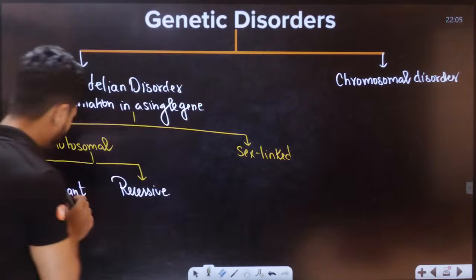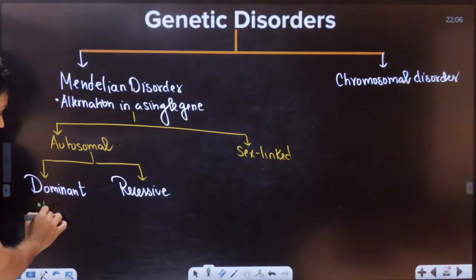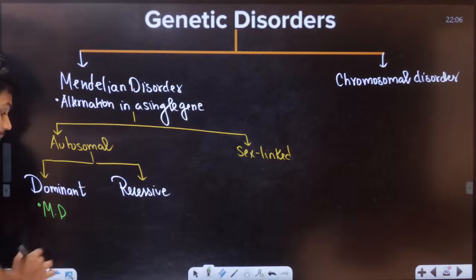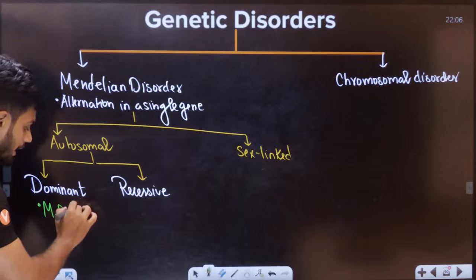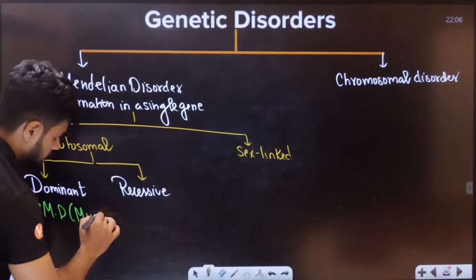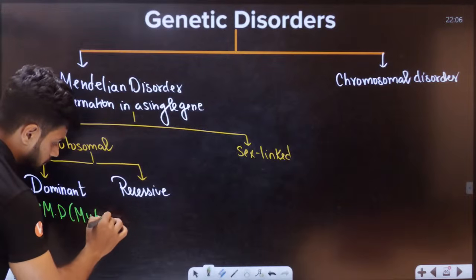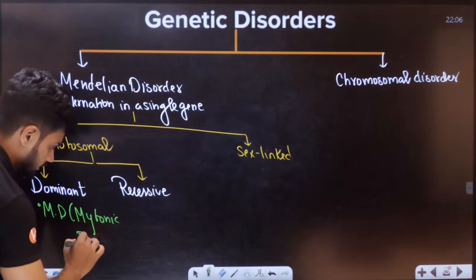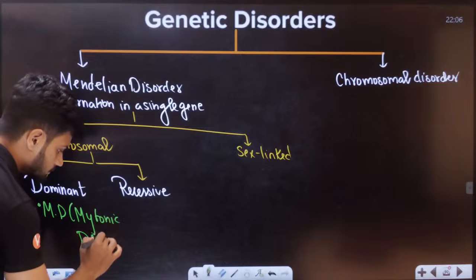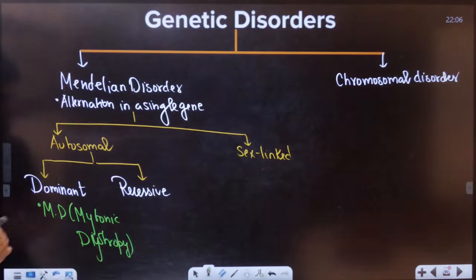Under autosomal dominant, there is only one disease in your NCERT, called MD. MD is nothing but myotonic dystrophy. Only one example.